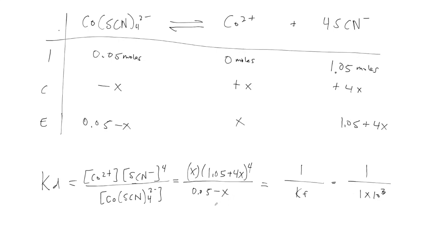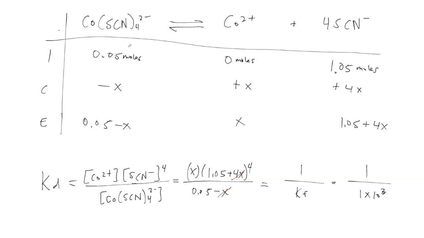And one thing that we can do to make our lives a little bit easier is to get rid of the x values in this quotient. So basically, because of the size of Kd being relatively small, we can go ahead and just ignore the plus 4x and the minus x, and these will essentially not affect our overall answer. So we can just make it a little bit more simple by disregarding those.